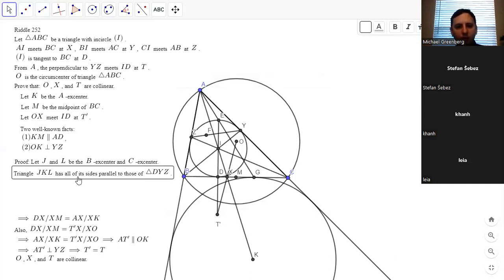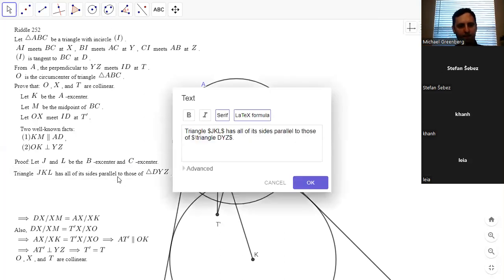We got to label E, F, the points of tangency. Yes. The triangle with its vertices at those is the in-touch triangle. I'll say those of the in-touch triangle.